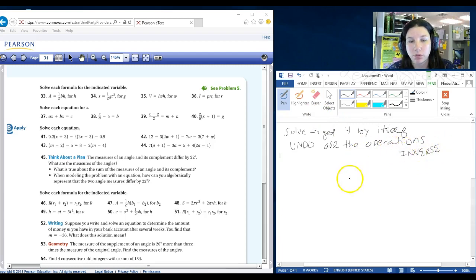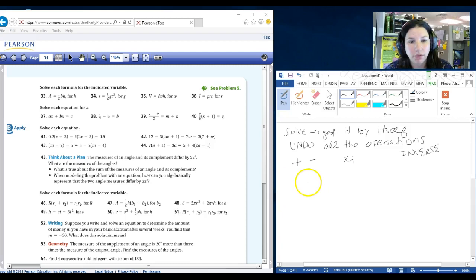The inverse operation would be the opposite. So if it's an addition, then you subtract. If it's subtract, you would add. And then we have multiplication and division. And as you continue with the course, we're going to learn more operations and more inverses. But for your first unit, it's just starting out with those basic four.